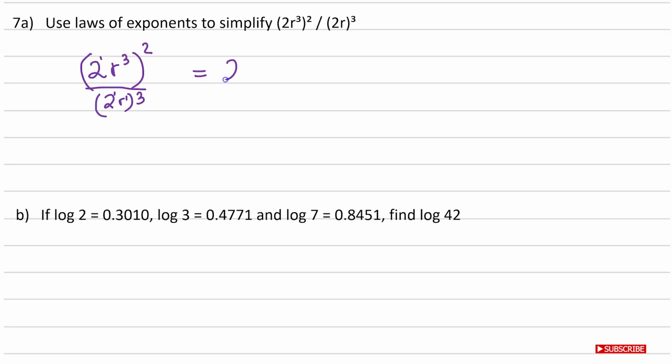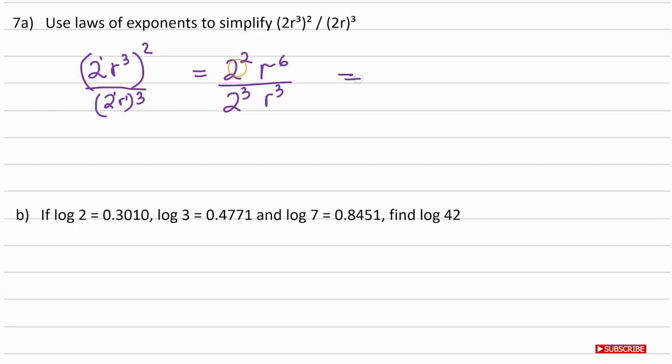That's going to be 2 squared, and then r to the power 3 times 2 is 6. Then divide by, now everything in here will have that power outside the bracket as well. So that's going to be 2 to the power 3 and then r to the power 3, because 1 times 3. So they will have to the power 3.